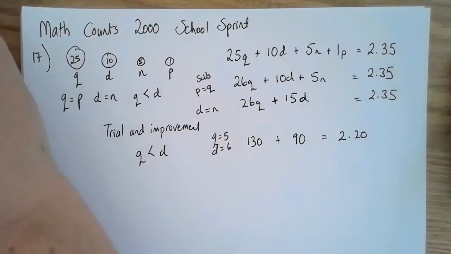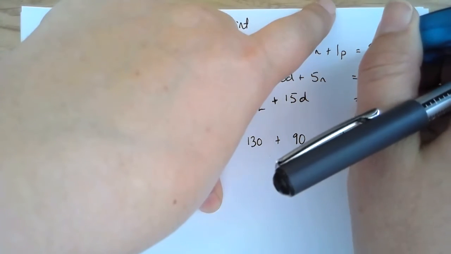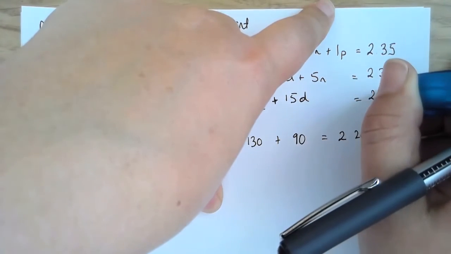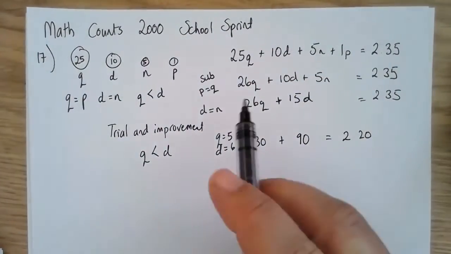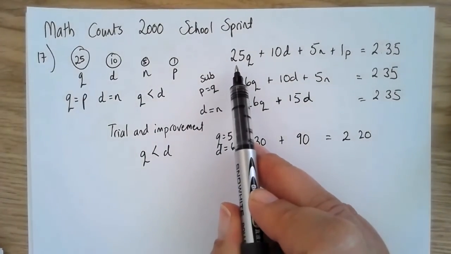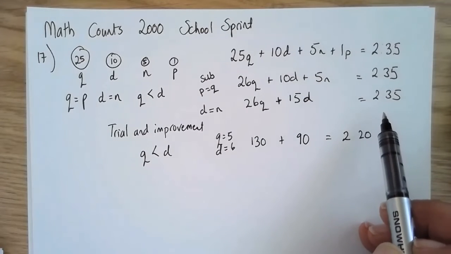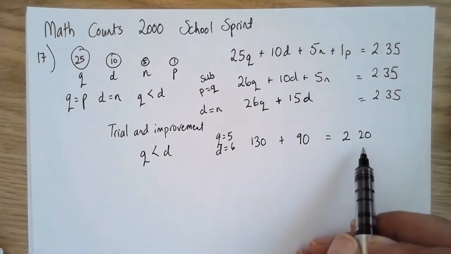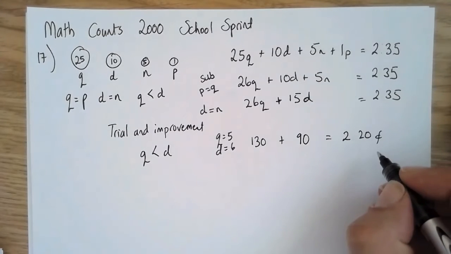I'm going to take away that point, because if we just look at this as it is, it's in cents. By calling it 25 and not 0.25, I've made this into cents. So let's correct that. 130 plus 90 is 220 cents.